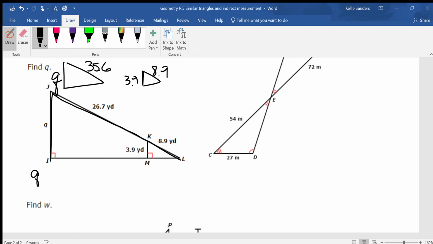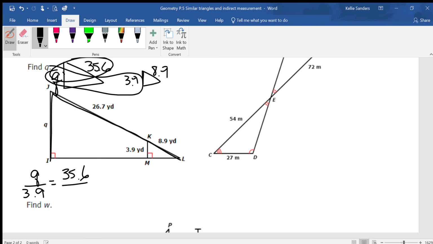So Q and 35.6 because they come from the same triangle. Q and 3.9 because they're in the same spot. And 8.9. Cross multiply and divide. 35.6 times 3.9 divided by 8.9, 15.6.